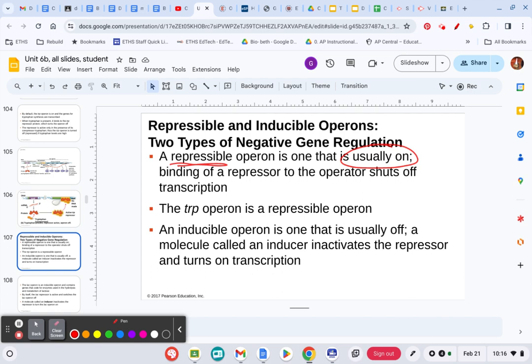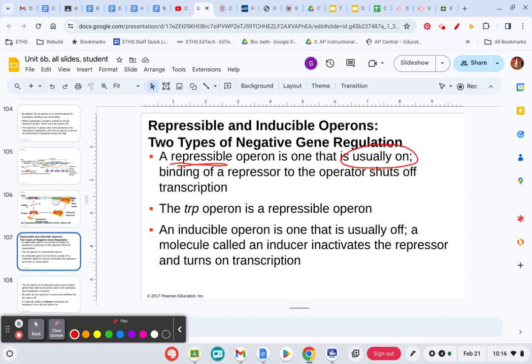So the trp operon is a repressible operon, but there's two types of operons. There's repressible, and there's another one that we haven't talked about yet, and that's called inducible. What if you induce labor? What does that mean? You make it happen, right? You make labor happen. So inducible means you make it happen.